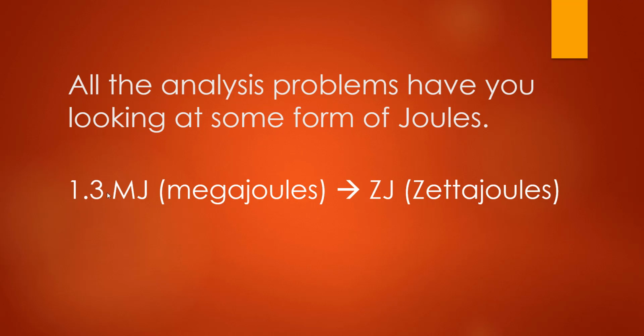So 1.3 MJ, megajoules, is a certain level of energy. What we're going to do is change that to see what this would equal in zettajoules, so that we can actually do the math with them. Unity in the units.